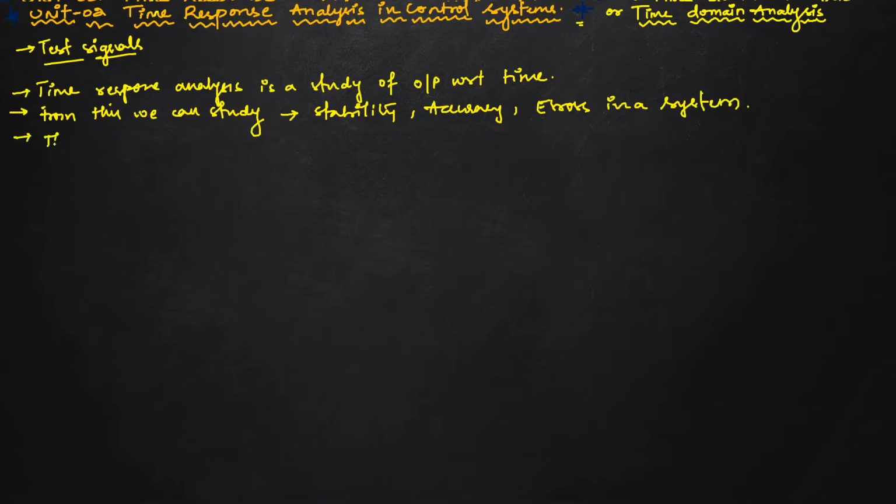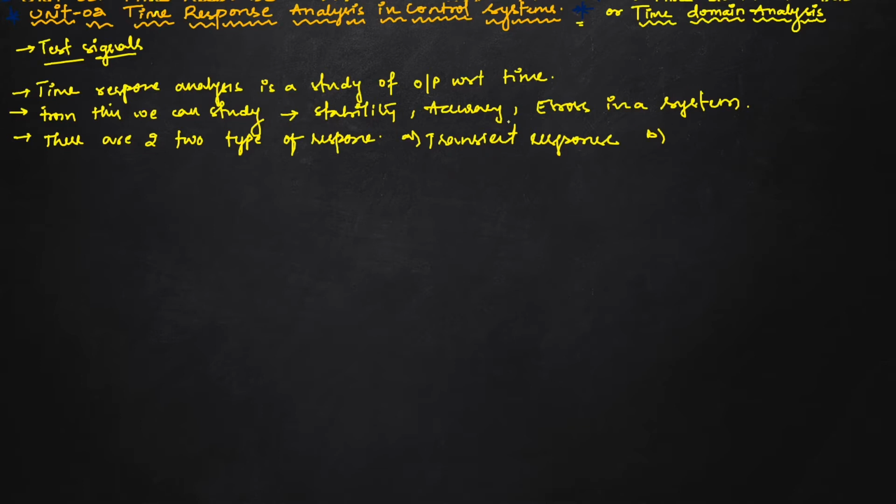There are two types of responses available at the output when you give an input. The first one we call the transient response. You know a transient is a short moment of time that happens immediately after the closure of a switch; that's the definition from the point of view of network theory.